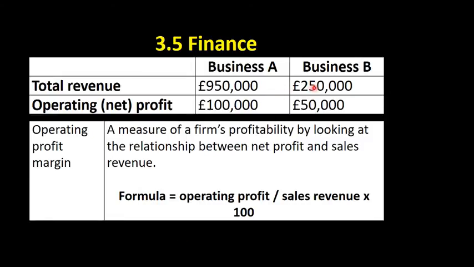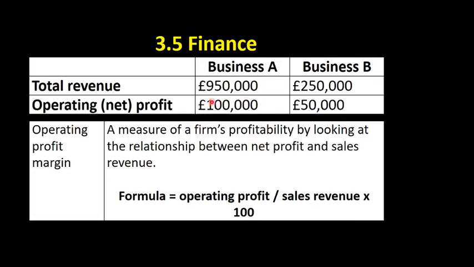So let's just consider the operating profit. And I'll go into more detail on the actual profitability ratios you need to look at in the next video. But when we start to consider how efficient each business is at turning its revenue into operating profit, then we might get a different result.